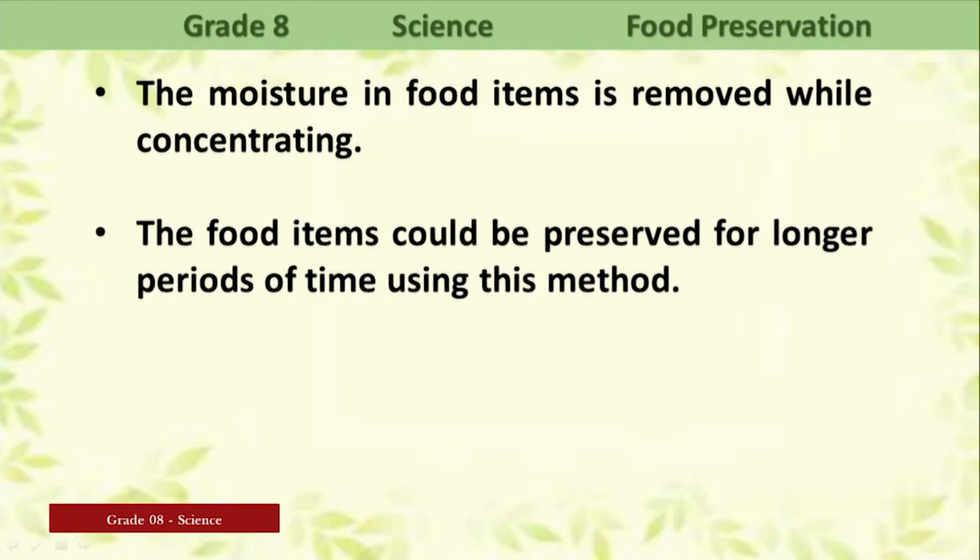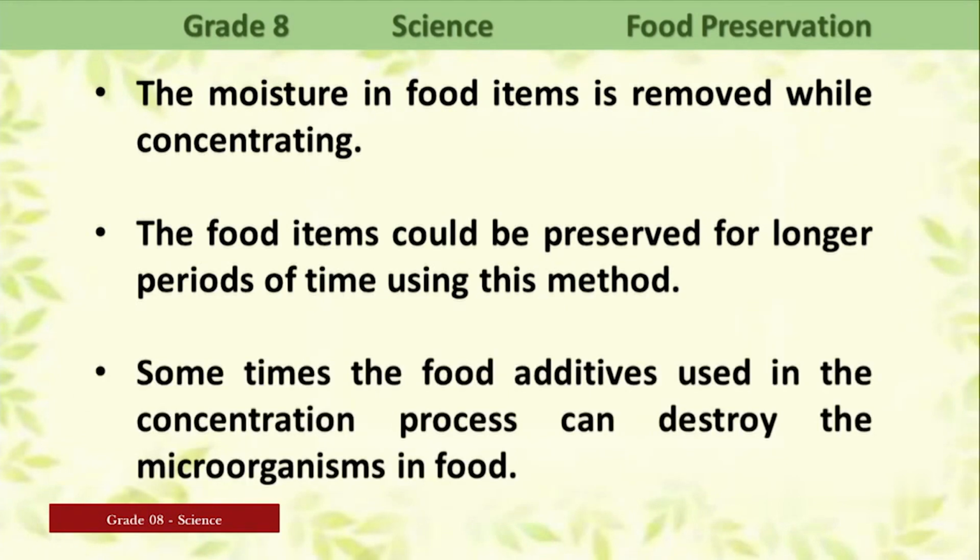You know, you can buy jam, chutney and cordial from the market and we can keep them for a very long time using this method. Sometimes the food additives used in the concentration process can destroy the microorganisms in food.